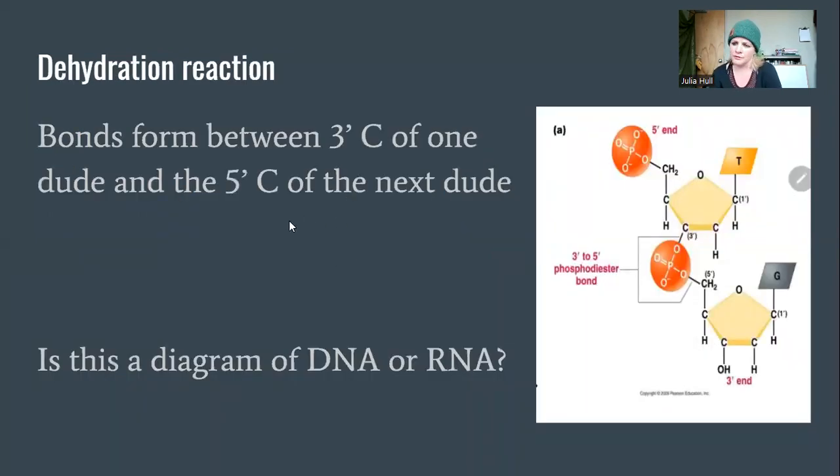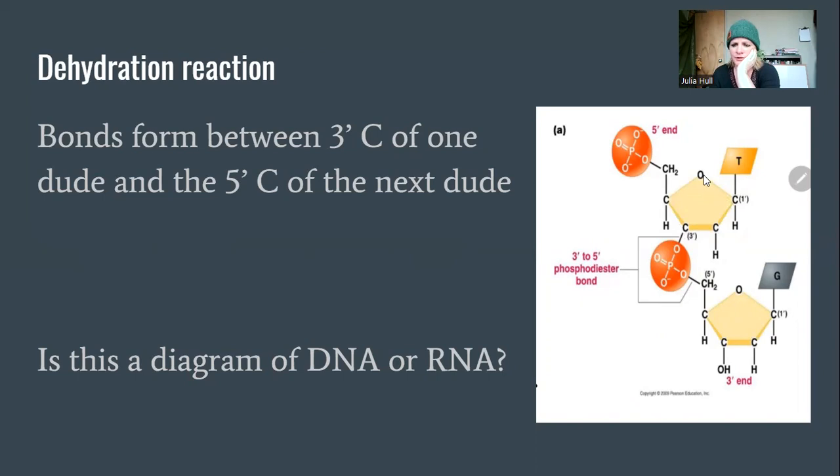These are formed, our polymer of our nucleic acids. They're formed by our friend dehydration reaction. And so the bond occurs between the 3' carbon, and that's what this means. 3, and then this little apostrophe means where you say that as prime carbon of this dude.